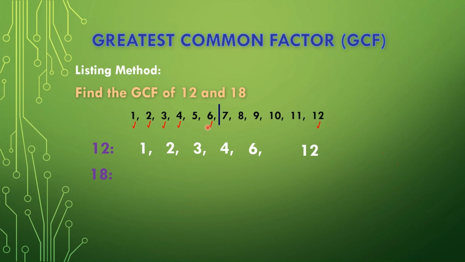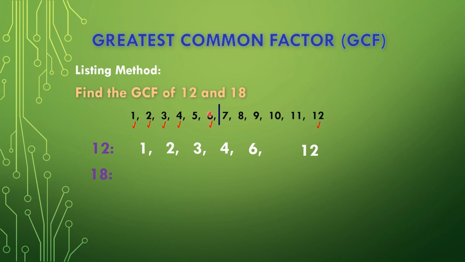My math wizards, I want you to remember this. After the midpoint or median, which is half of the given number, which is 6, there's no point experimenting or listing these numbers, except of course for the last number, which is the number itself, because these numbers are not factors of 12.